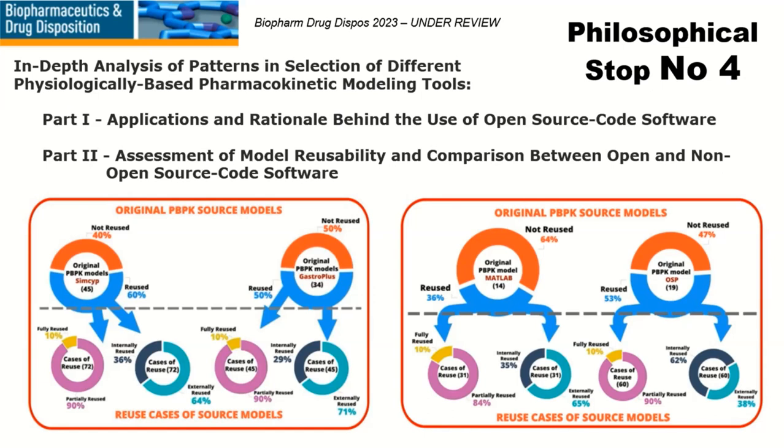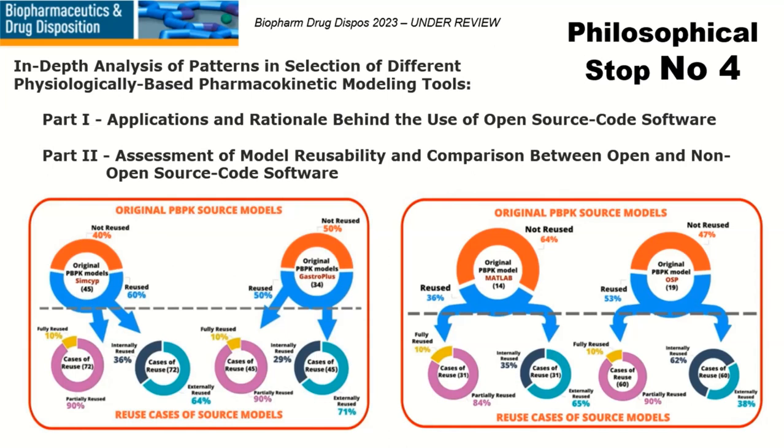But when you look at the bottom pie charts that are coming from those blue areas, particularly the pairs, the one side of the pair on the right hand side, when you look at the external use, this is basically usage or reuse of that particular model by people who had no links with the original developers.